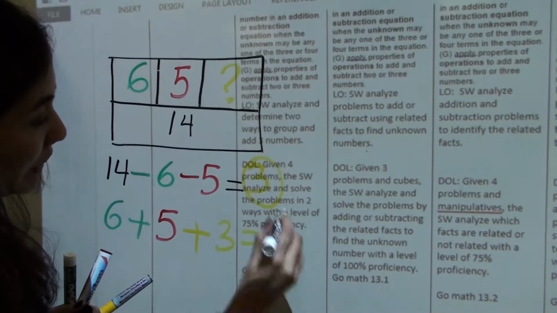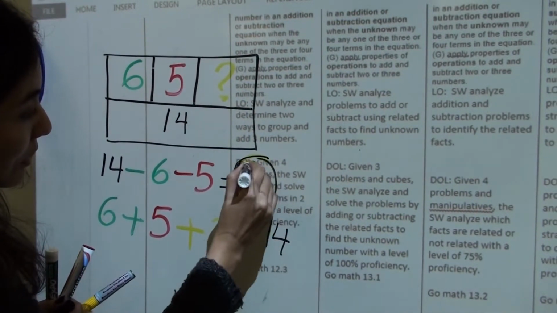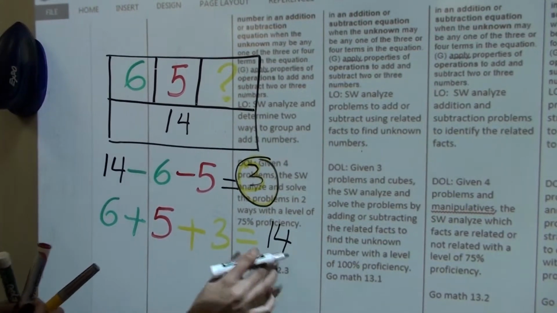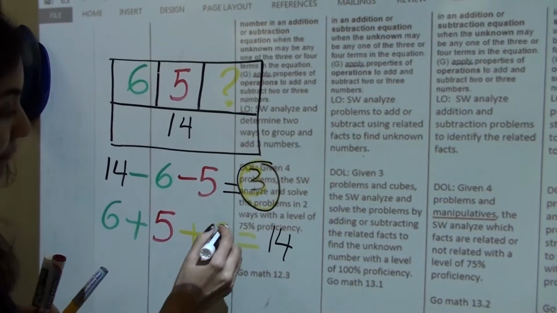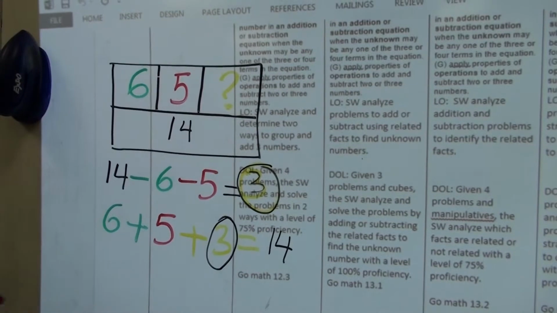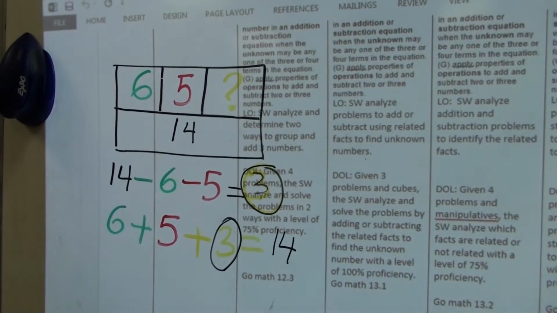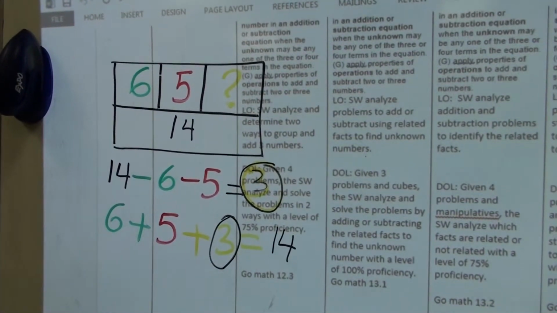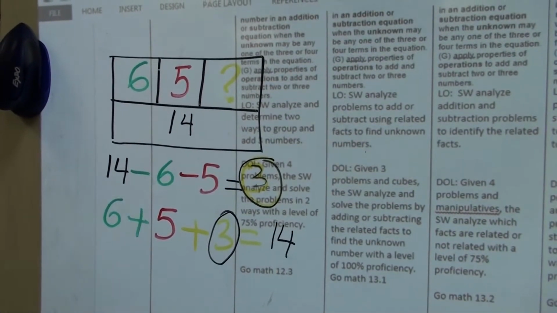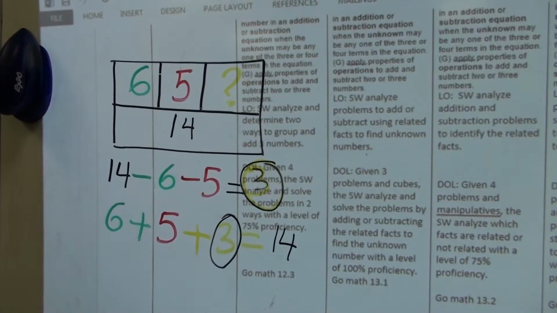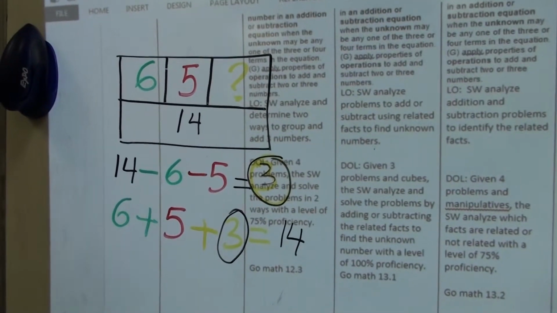But that's where they may have a problem, because the answer is not 14, the answer is still 3. They'll do all of that correctly, but they don't understand which part goes where, and then they might put 14 versus 3. Even though they solved it and found the number 3, they don't know that that's the answer.